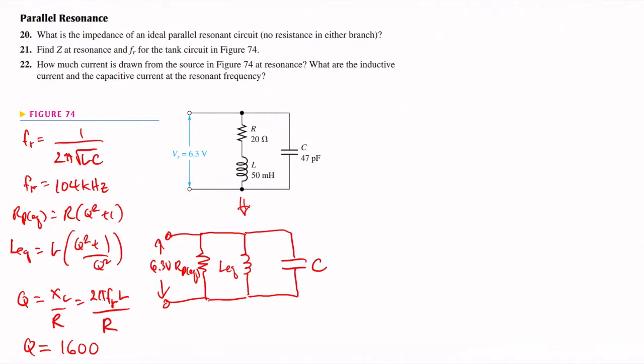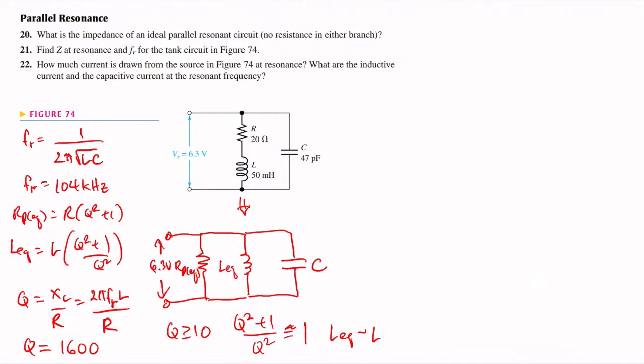We know that if Q is greater than or equal to 10, then the term Q squared plus 1 over Q squared will just be approximately equal to 1. So that means Leq will just be approximately equal to L.